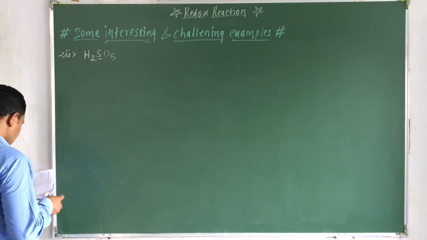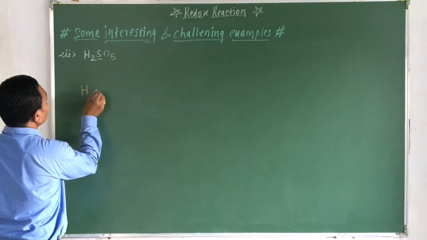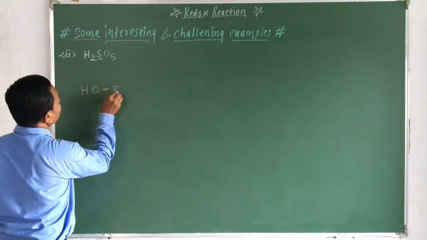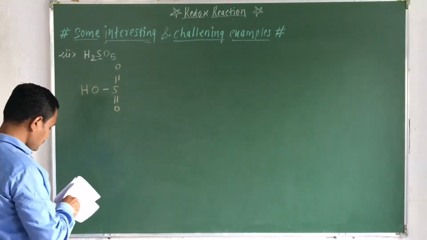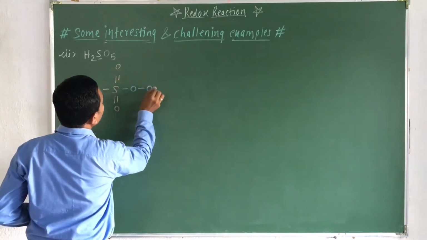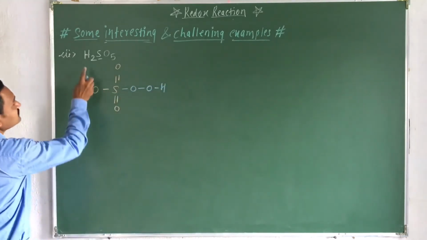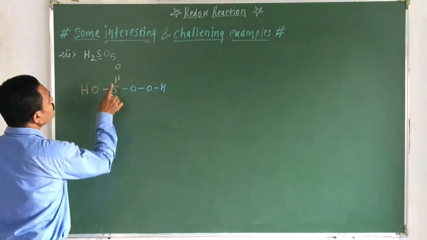I will draw the structure first of all for this molecule, that is OH, S double bond O, S double bond O, and then OOH, that is nothing but H2SO5. Okay, 1 2 3 4 5.